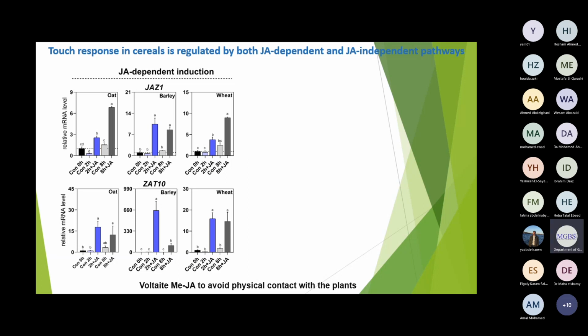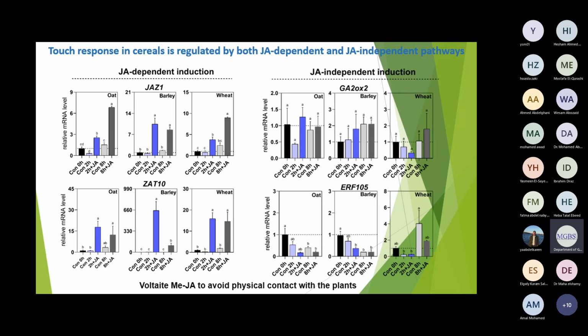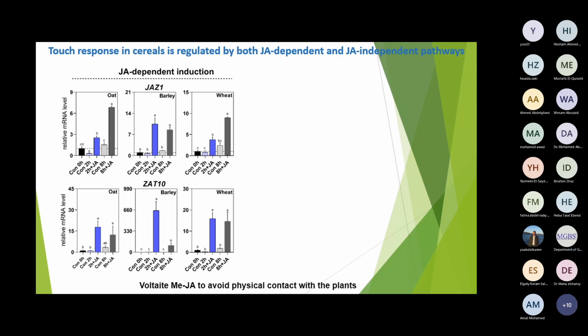I think it's a good point you need to consider, because it's really higher induction and the transcription level is higher than both of them. It's not only like 30%, I think. So it's a higher increase in the level of expression, a higher induction than oat and wheat.